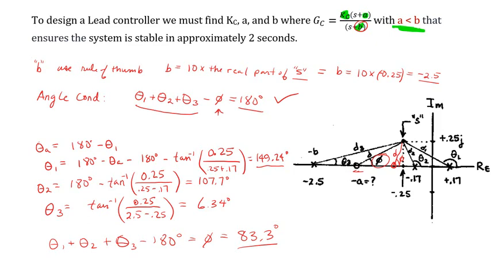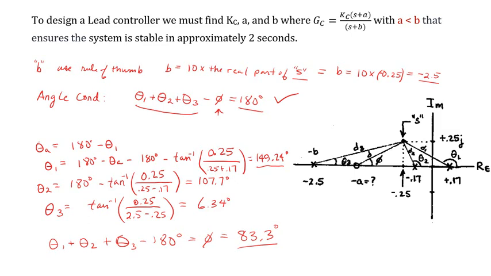Okay? So now that we have that, we can go ahead and find the actual value of A. Because we now know the angle, and we can use that angle to help us find the sides of the triangle. So let me clean this up a little bit and make a few changes here to make this a neater problem.